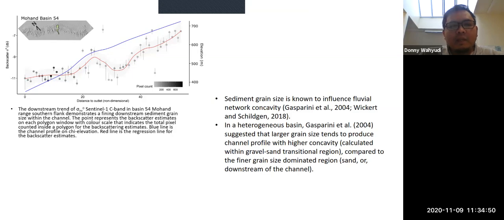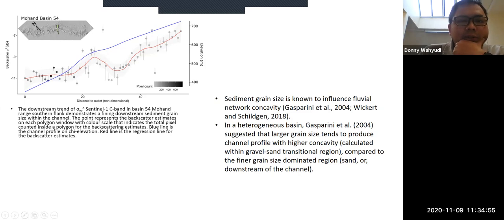What we have here shows a fining downstream trend. I guess Laura has a particle grain size study in this basin as well, in the south flank of the Mohan anticline, and it is similar to Laura's observation, with a fining downstream trend.